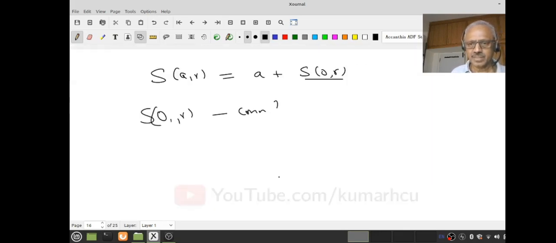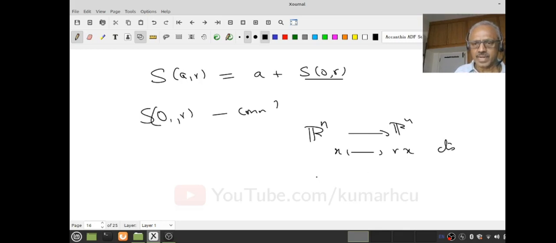That's because, again, it's a continuous image of a map. Let's look at the map from Rn to Rn, x going to R times x. This is a continuous map, call this map F. What is F of S_0(1)? This is S_0(R). Check.